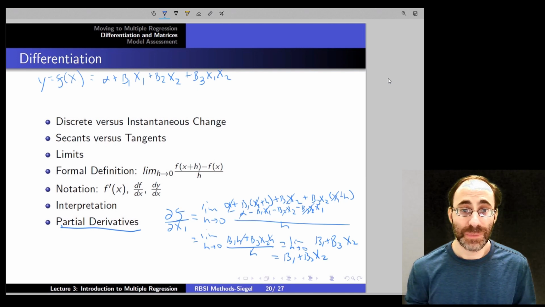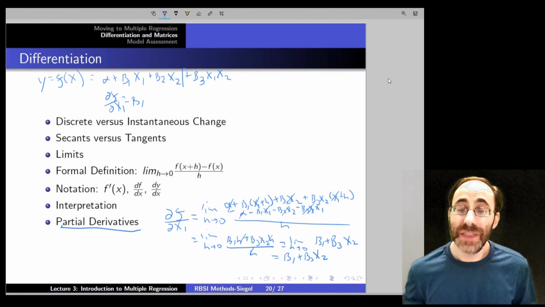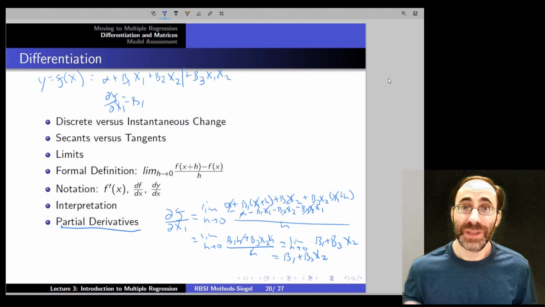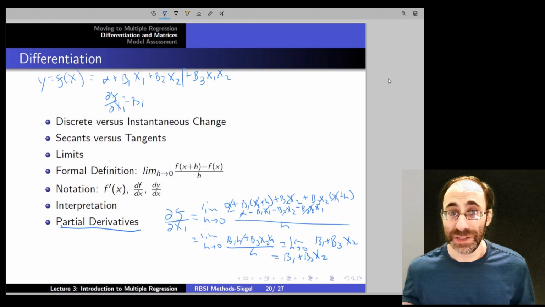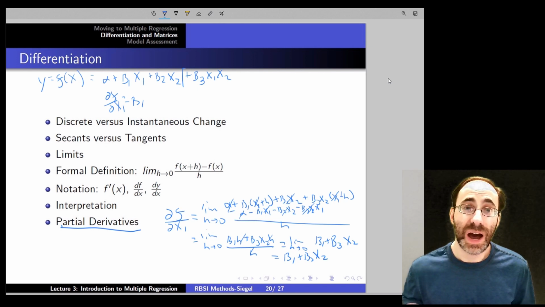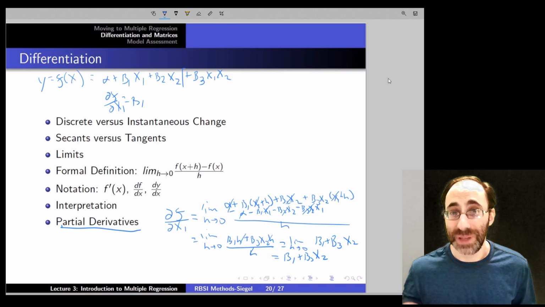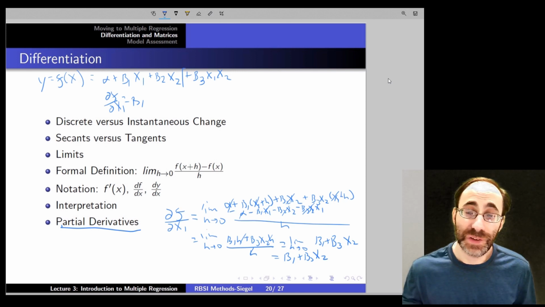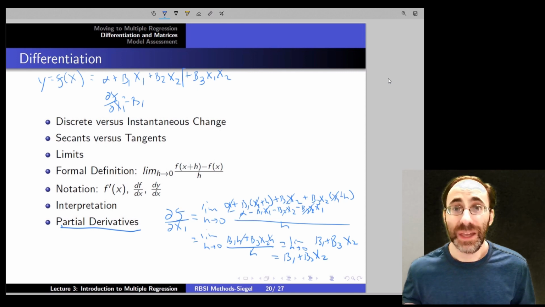So if I didn't have this interaction term, if I stopped right here, then the derivative would just be beta 1, for the same reasons as down here. And we'd see that the rate of change of f with respect to x1 holding x2 constant was just the coefficient on x1, which is beta 1, which is exactly the interpretation we gave for the coefficient on the independent variable in the previous module for multiple regression.